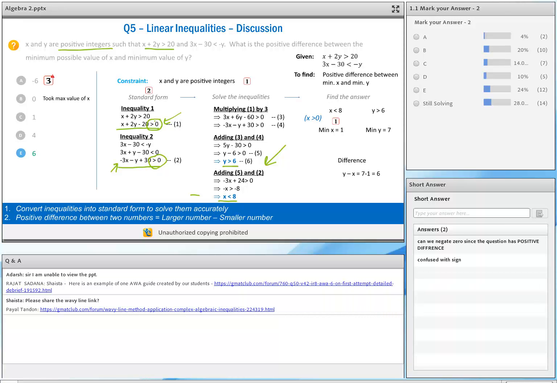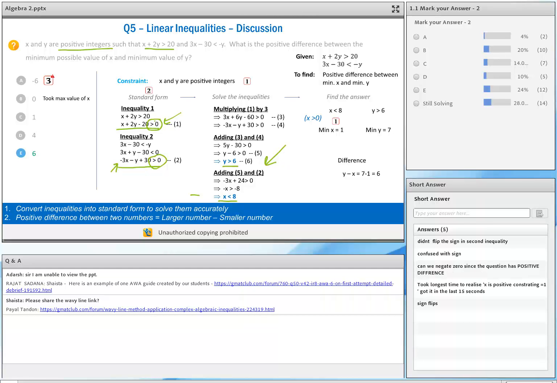You have to solve them twice so that you get the value, first the value of x and then the value of y. Beyond that, you simply have to implement the constraints that have been given to you. Okay, now sign flips, if that's where you faltered, then again, you can see how that small concept can cost you so many questions. Okay, took the longest time to realize x is positive, contrasting 1, okay, equal to 1.